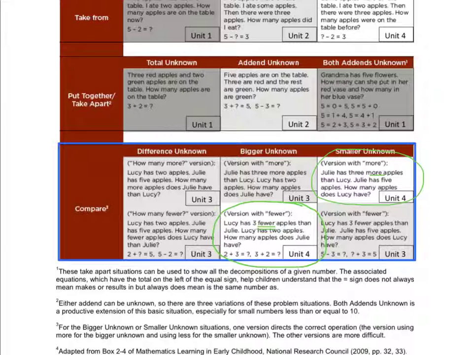So again, because the words in the story trigger the opposite operation from what needs to be used, these are some of the most difficult problem types that we can give to students. So when introducing compare problem types to your students, be careful to avoid these 2 problem types at first, and give only the ones where the word in the story triggers the appropriate operation.